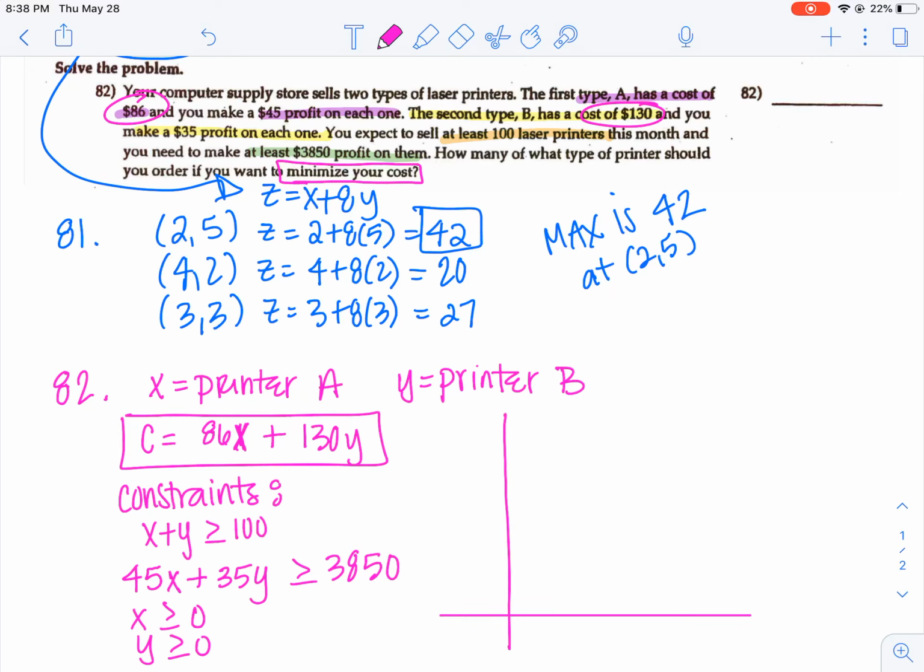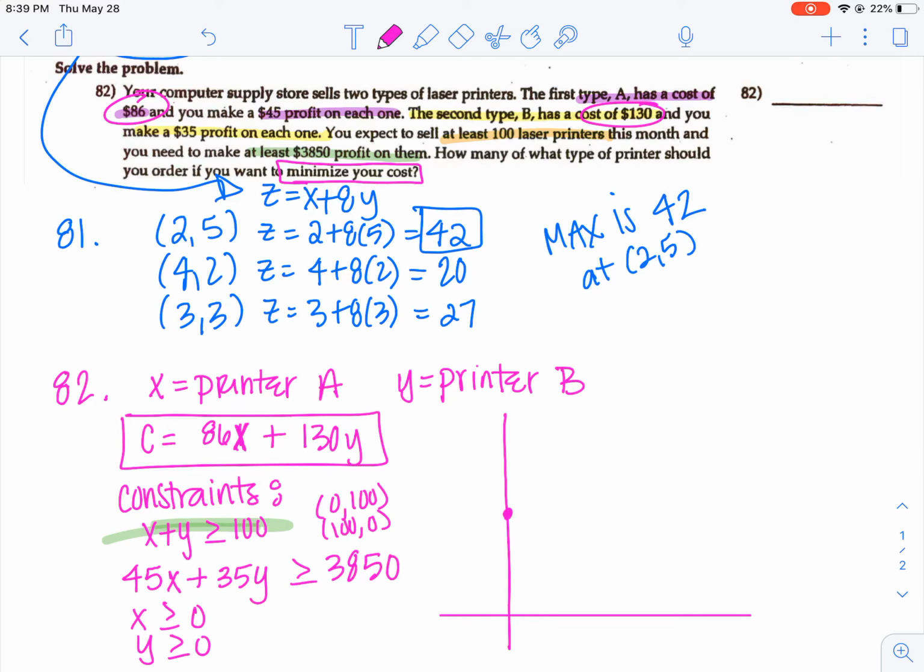So x plus y equals 100, let's just graph it with intercepts. For my first equation, x plus y is 100. When x is 0, y is 100. When y is 0, x is 100. Those are the 2 points we can use to graph this line.